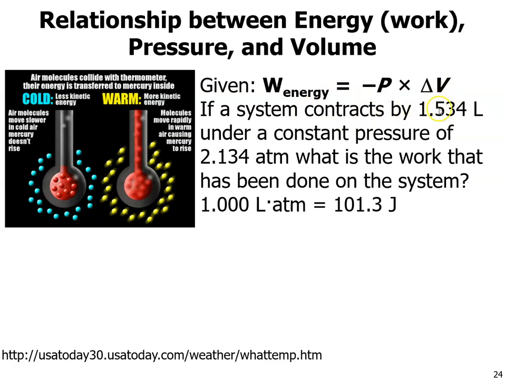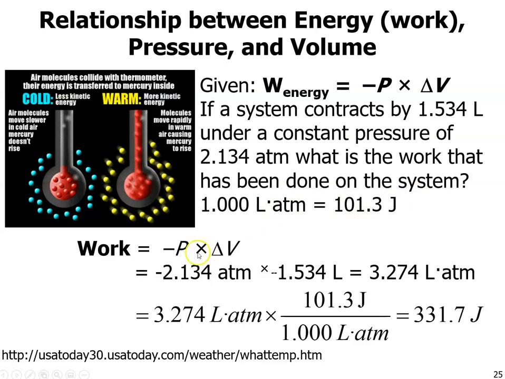A liter is a volume measurement, and it contracted, so it got smaller by 1.534 liters. It's under a constant pressure of 2.134 atmospheres. What is the work that has been done on the system? And here's a little hint: 1 liter times atmospheres is equal to 101.3 joules.